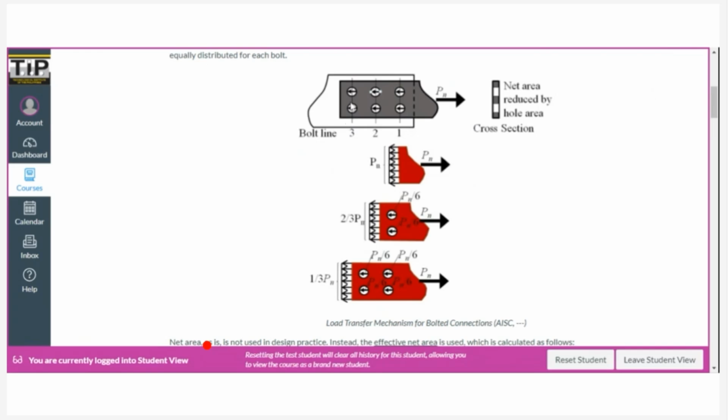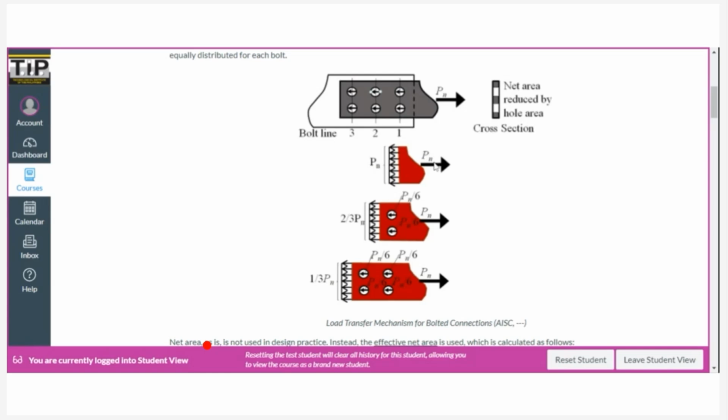If we consider section 1 and draw the free body diagram up to this point, plane 1 carries the entire load. Meaning, if you want to consider the capacity of this particular section, you will be considering the entire load for this one.